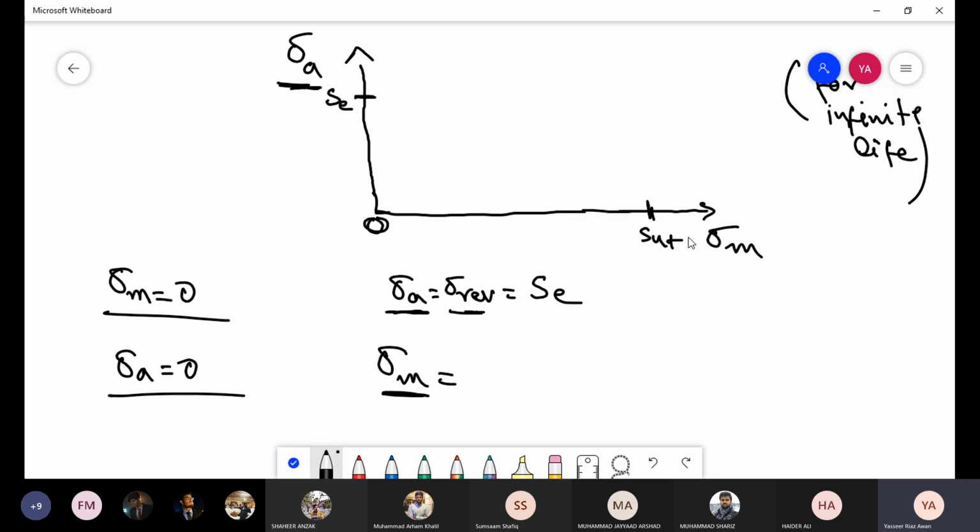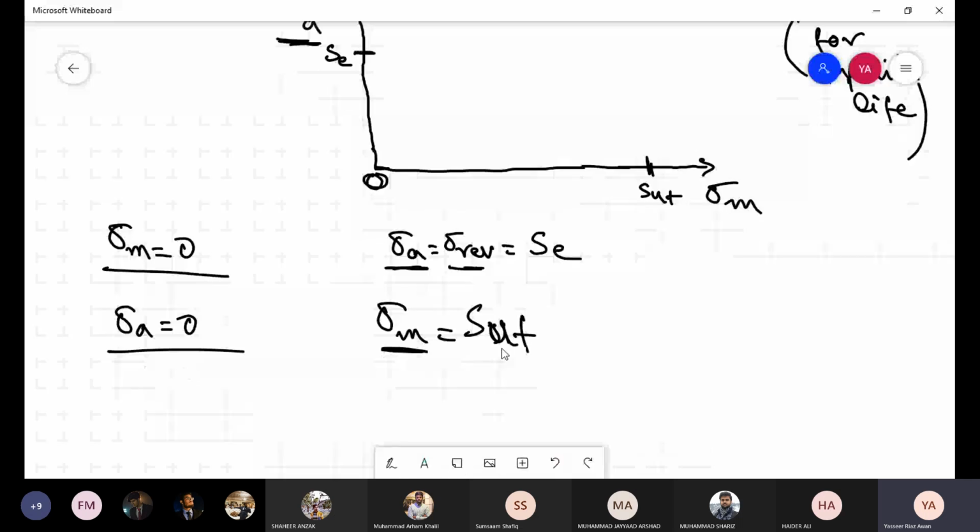This is the point at which the material fractures. It's the same fracture point we have here. So then when SM is equal to SUT.